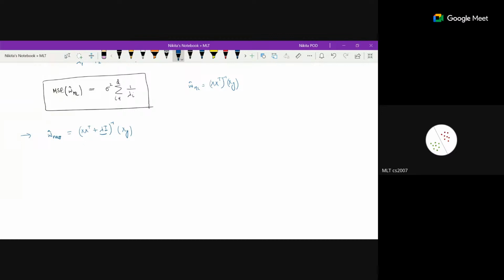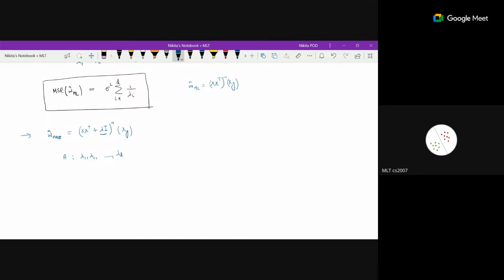Earlier, if I think of this matrix XX transpose as some A, the eigenvalues we had taken for this matrix A were lambda 1, lambda 2, and so on to lambda d.